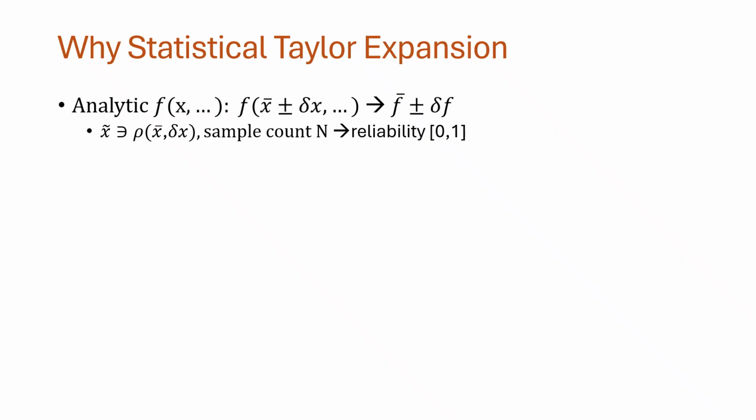Here, rho is the distribution density function, and the sample count is used to calculate the reliability of the result.